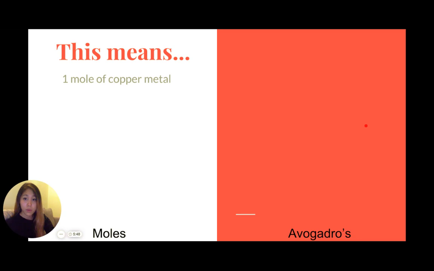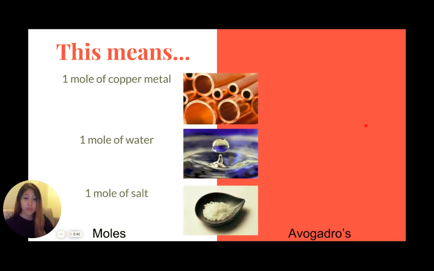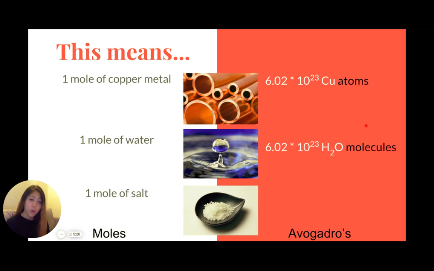This tells you that 1 mole of copper metal, 1 mole of water, and 1 mole of salt are each equivalent to 6.02 times 10 to the 23 copper atoms, 6.02 times 10 to the 23 water, H2O molecules, right?